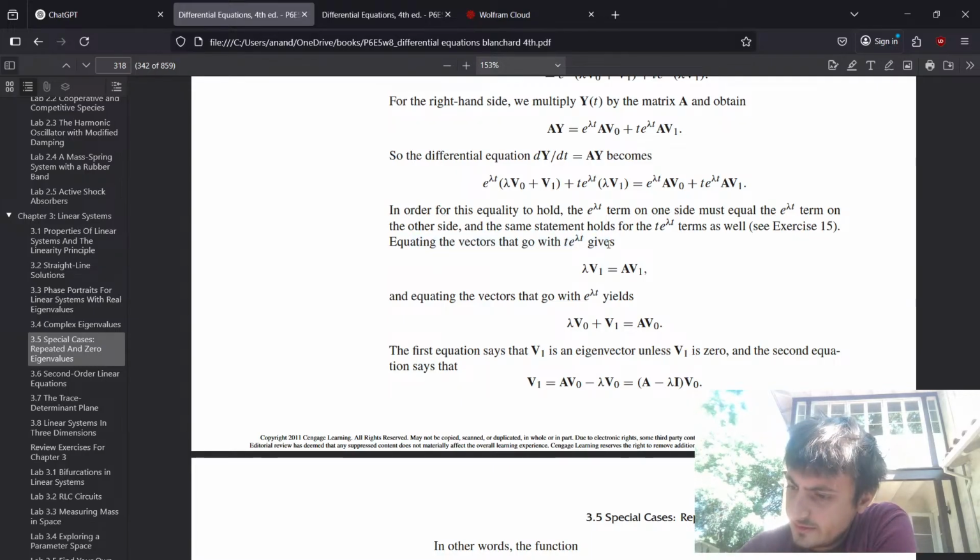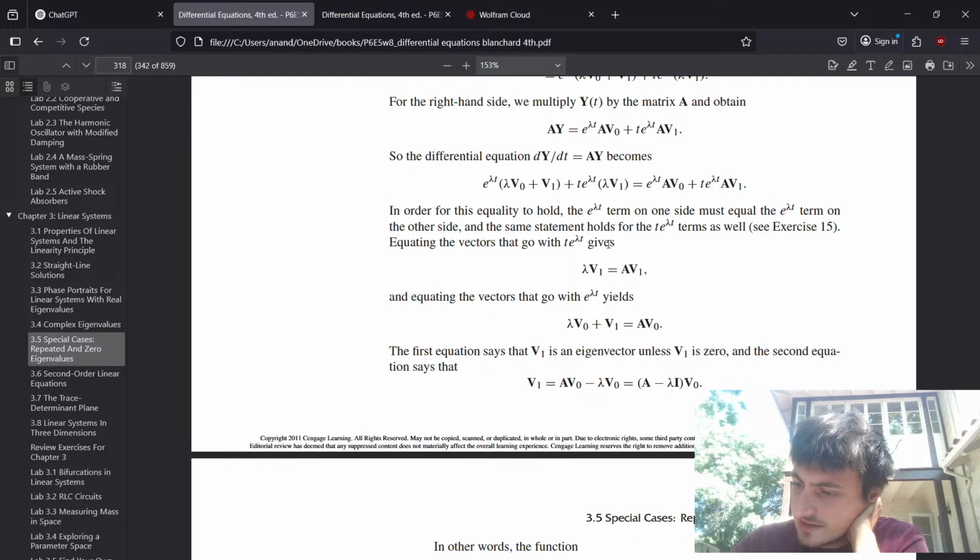So if we do this, this, and this, then we get t e to the lambda t A v1 is equal to lambda t e to the lambda t v1.